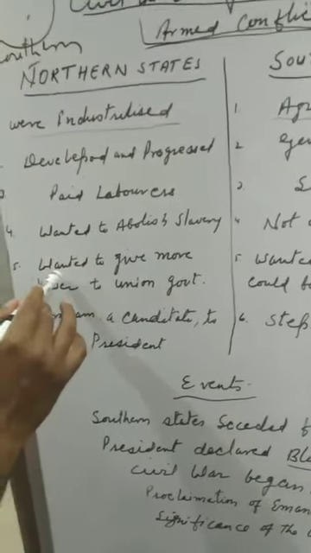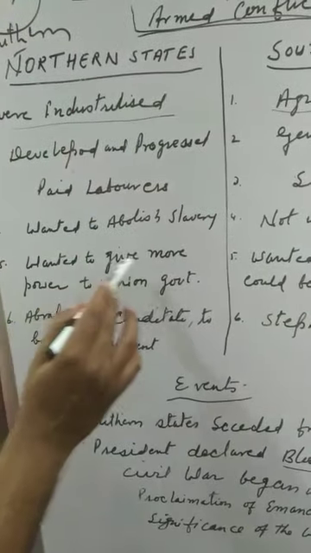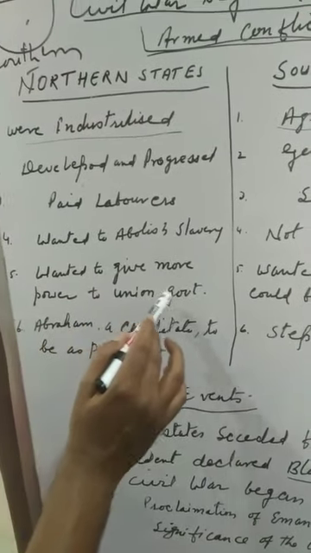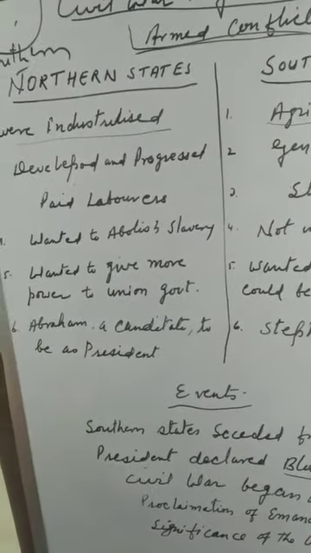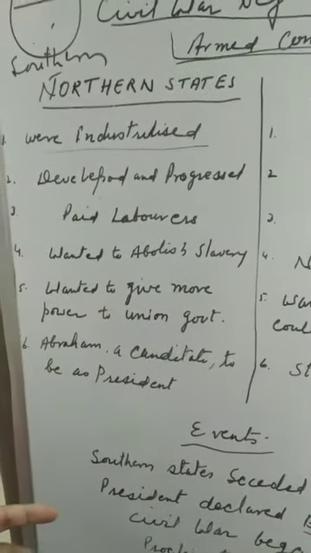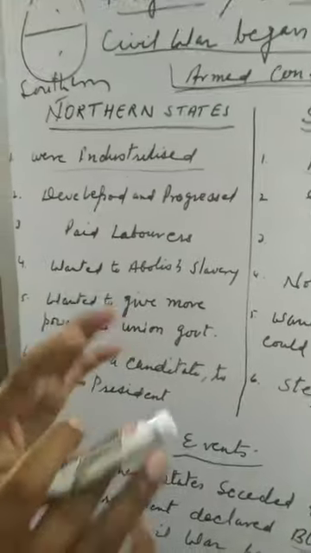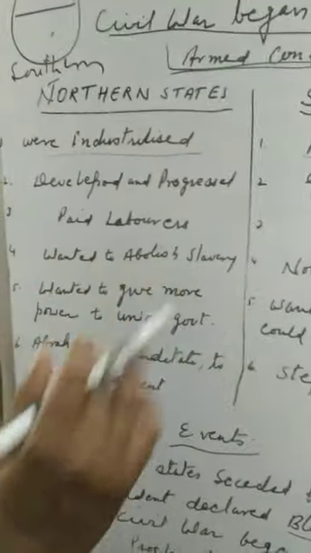Fifth point, northern states wanted to give more power to the union government. That is why unity is there. Now in India, who has more power, states or the union?